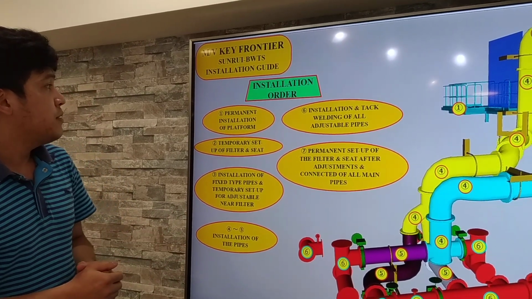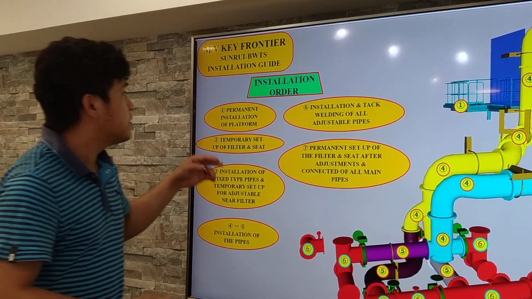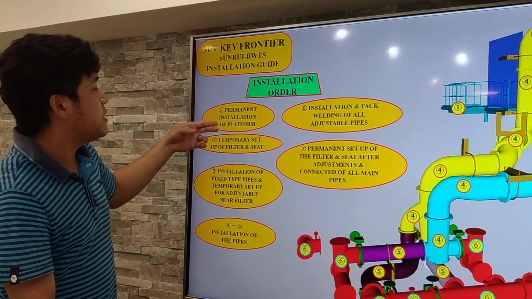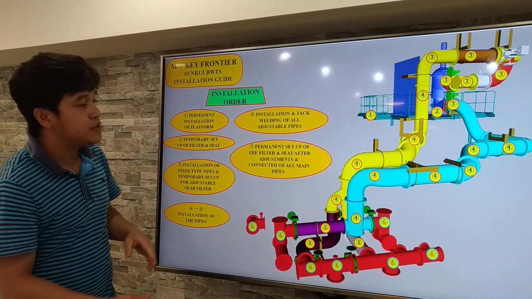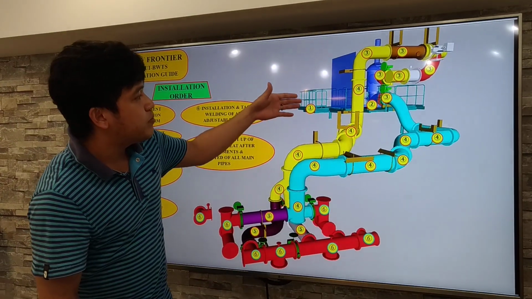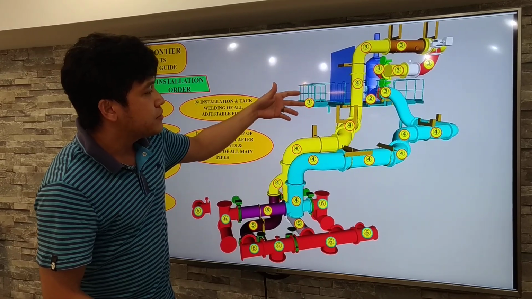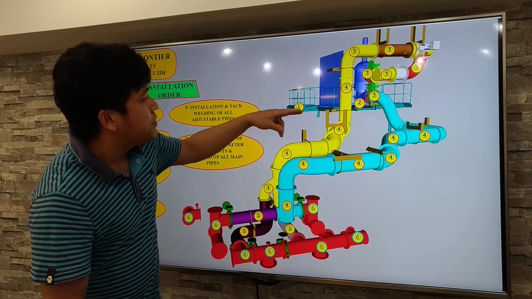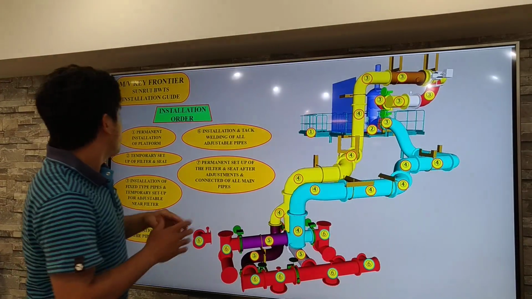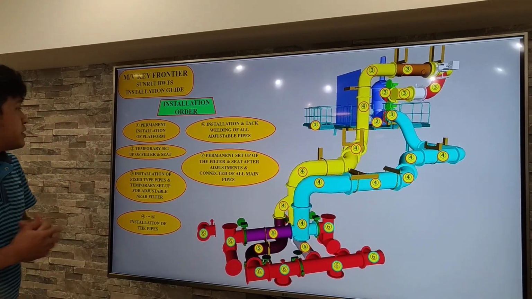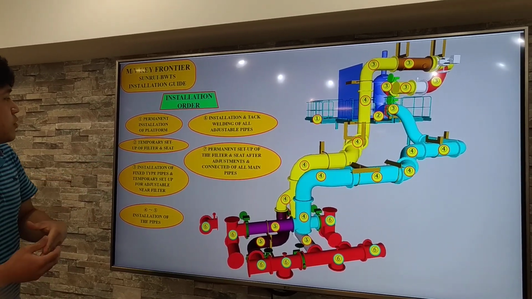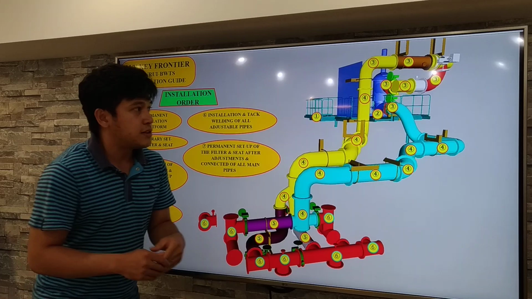For this vessel, we have this installation order, which starts from number 1, permanent installation of the platform. This vessel has the platform on this area, which is on the 3rd deck, and this platform is installed first. Next, temporary setup for the filter and its seat.